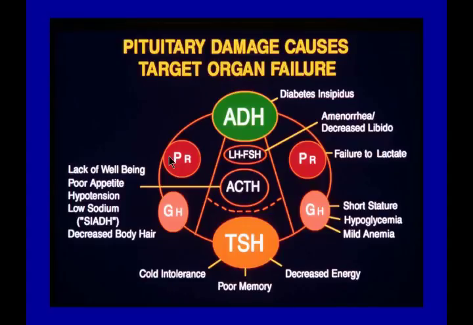So if you lose your posterior pituitary, you have a disease called diabetes insipidus. Prolactin loss, failure to lactate. Growth hormone loss, of course, hypoglycemia, short stature. TSH loss, decreased energy, poor memory, cold intolerance. You're going to talk about each of these hormones except the growth hormone and prolactin.